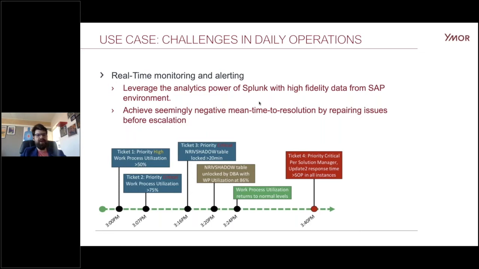This can help you achieve seemingly negative mean time to resolution, because if you're leveraging this power, you can fix things before they actually cause harm to your system or to the users working on that. That is the power that you can leverage with SAP PowerConnect and Splunk for, amongst other things, daily operations.